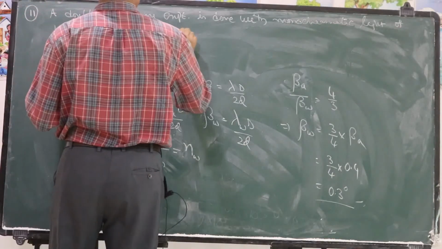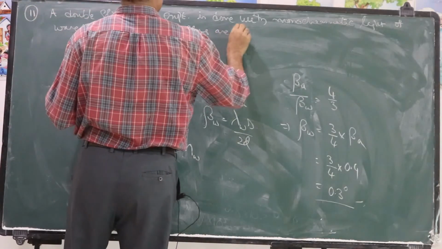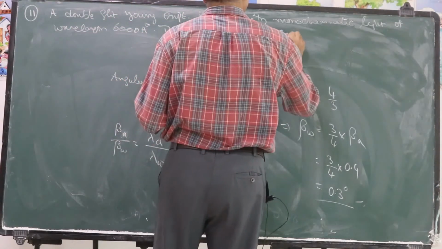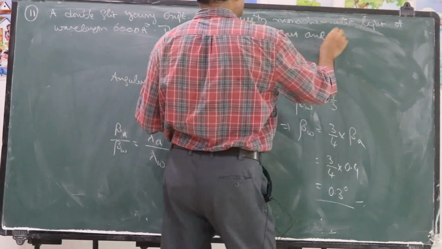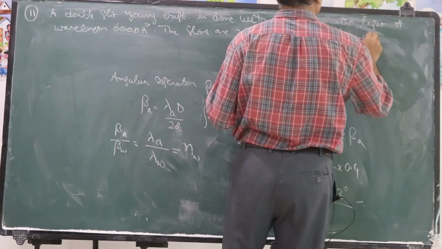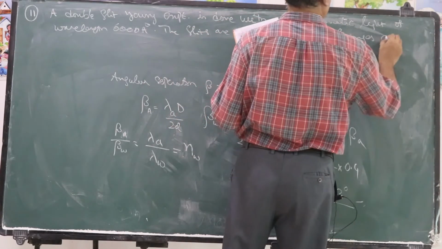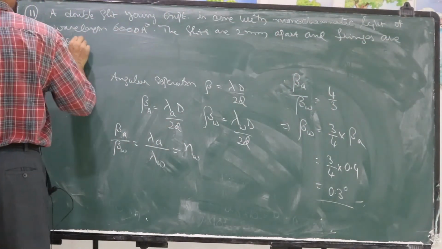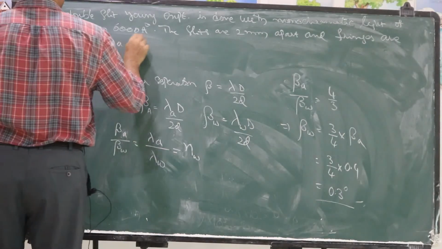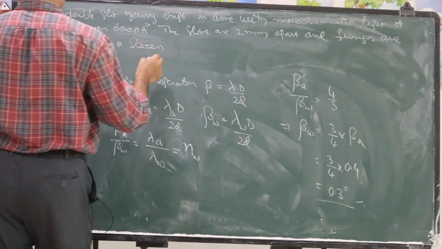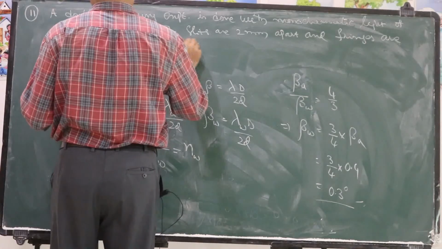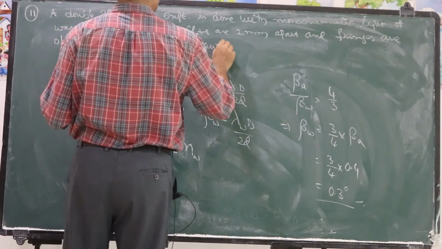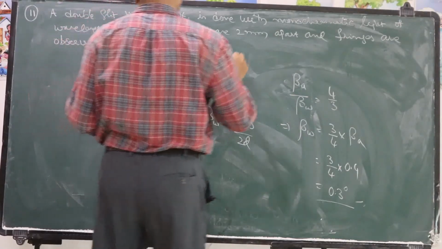The slits are 2 mm apart and fringes are observed on a screen 10 centimeter away from slits.